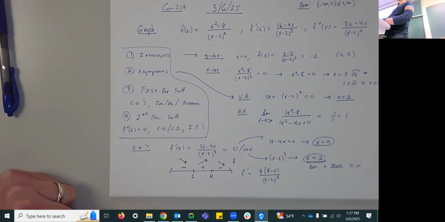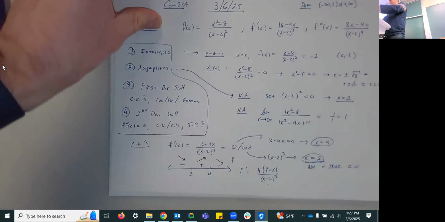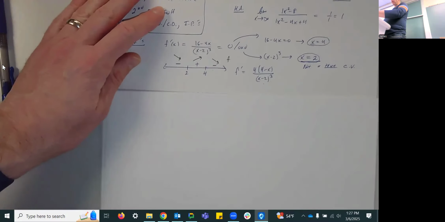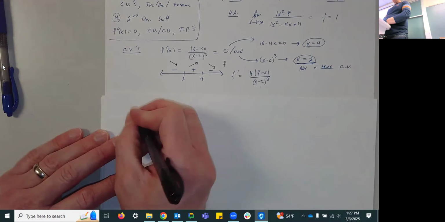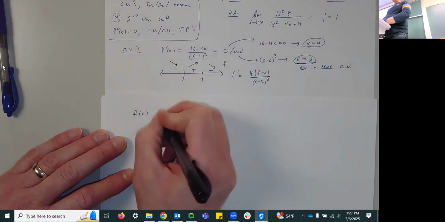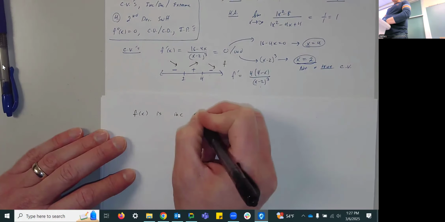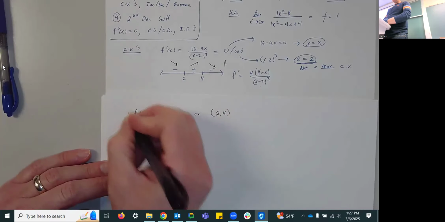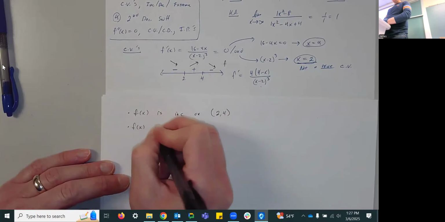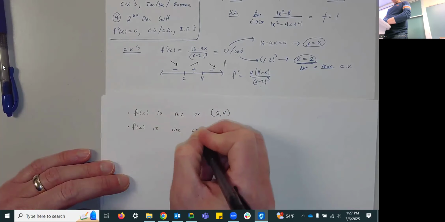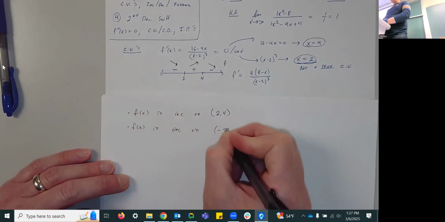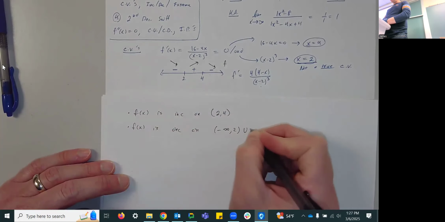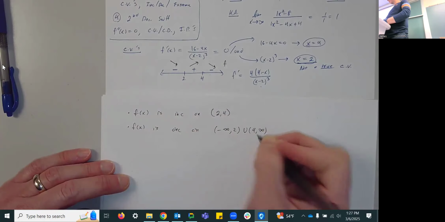I usually skip over writing the intervals of increasing, decreasing, although there's no reason not to write them other than it takes time. So we would point out here that this function, f of x, is increasing on the interval from 2 to 4, and f of x is decreasing on the interval negative infinity to 2, union 4 to infinity.